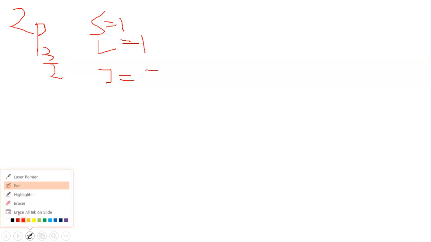So for 2p3/2, S equals half, L equals 1.